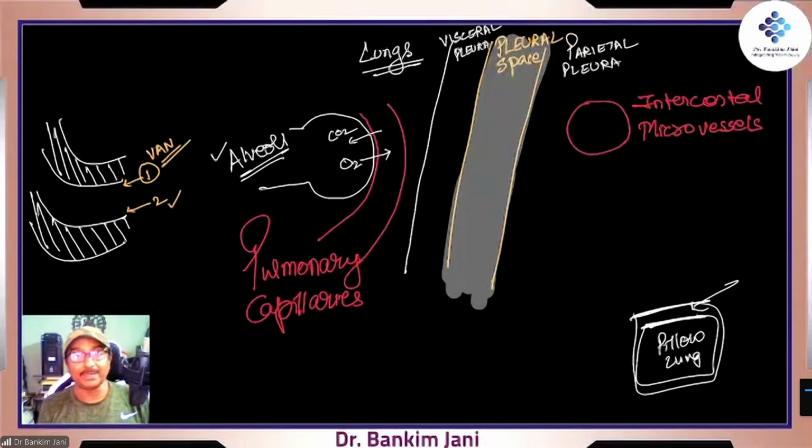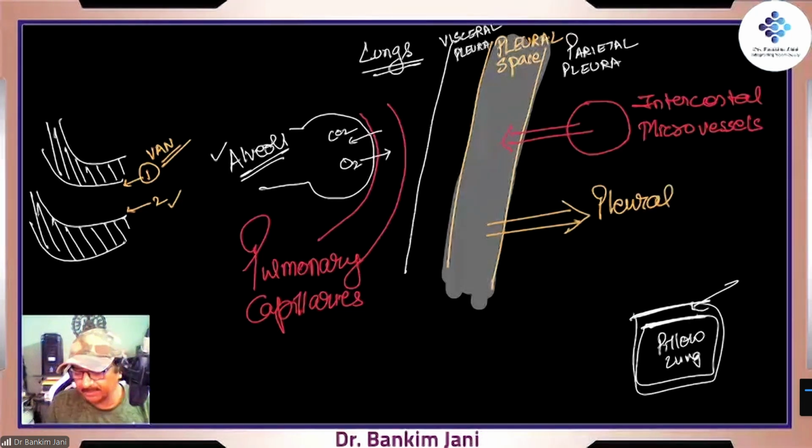It is these microvessels that push the fluid into the pleural space, and then we have an amazing system which takes the fluid out, and that is the pleural lymphatics.